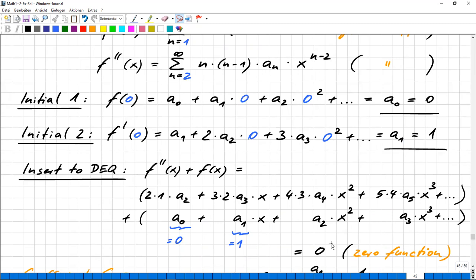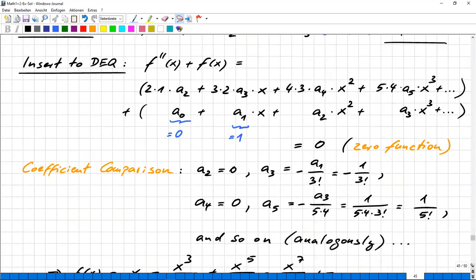It can only mean, or you could also say it enforces all these coefficients to be adjusted in a certain way so that this whole expression disappears for any value of x, which leads us to a very famous method called equating coefficients. This is a little bit like Germanism. I translated the German expression Koeffizientenvergleich. In English, it would be coefficient comparison.